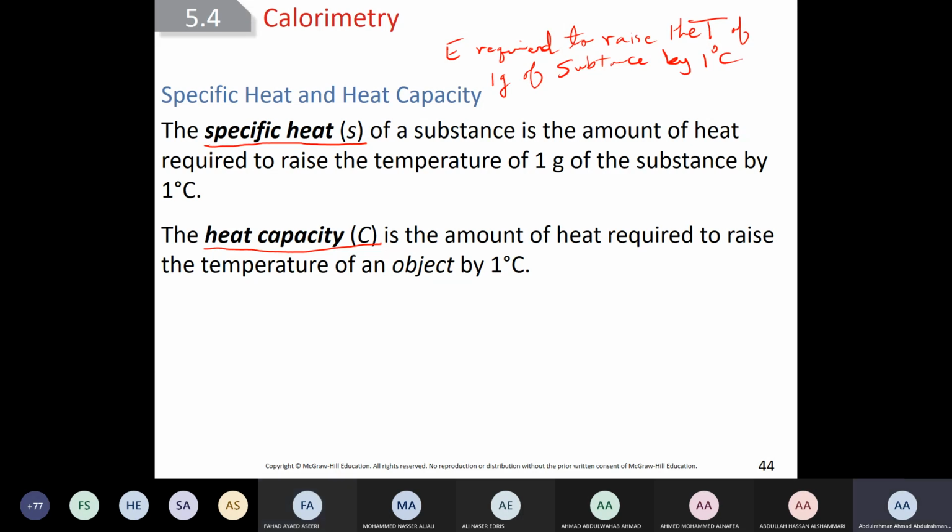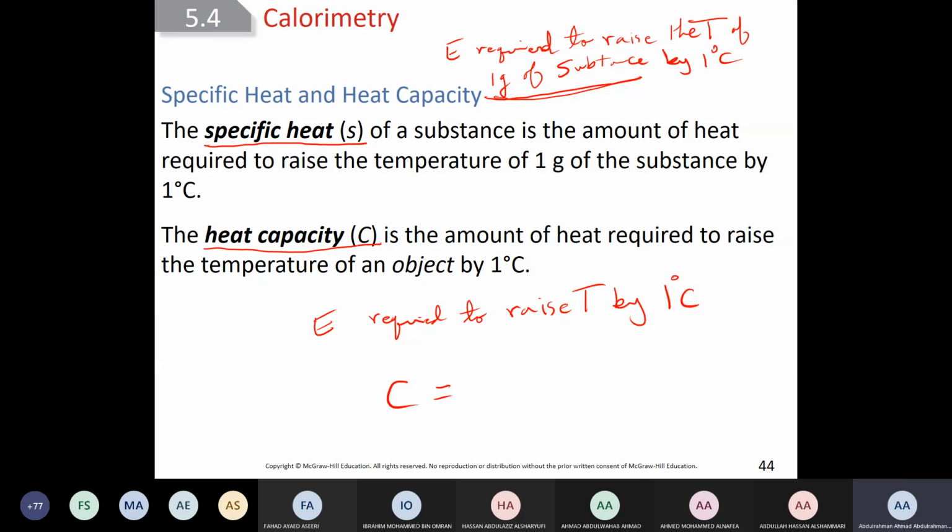Okay, how about heat capacity? Energy required to raise the temperature by 1 degree C. I did not mention the mass. The mass is not mentioned. That's the difference between C and S. So what's C if we know the specific heat?